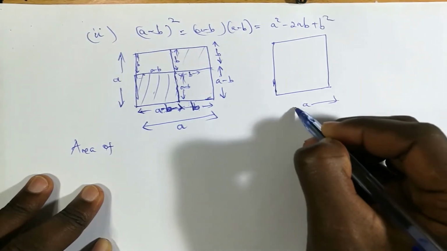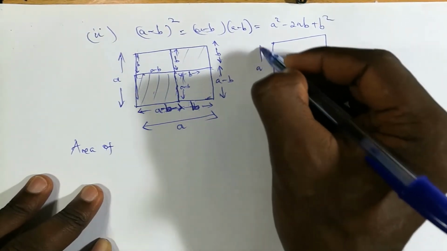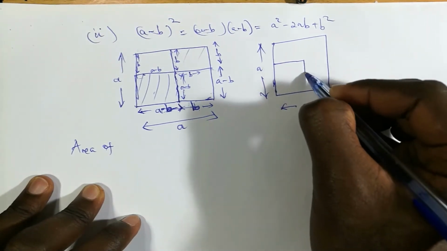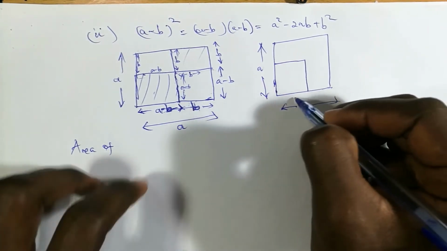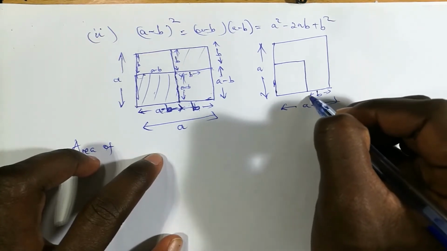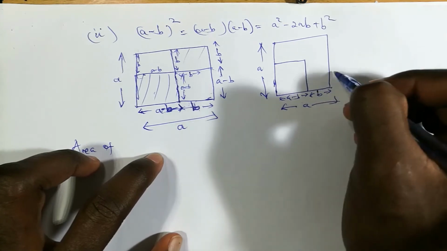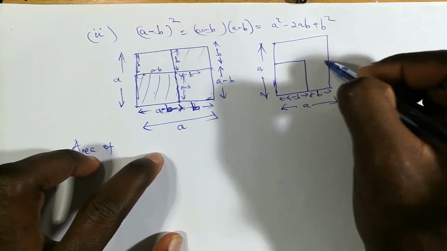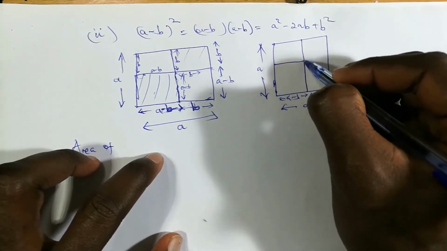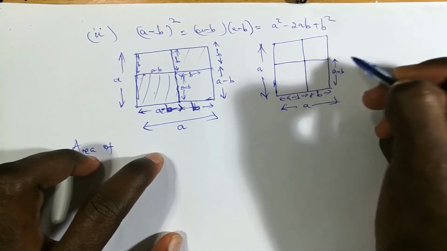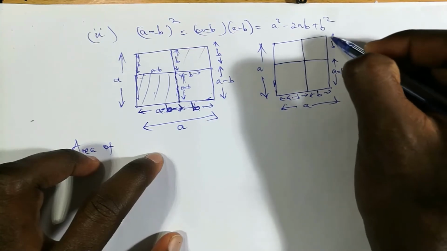Put here to be a, here also a. I need a dynamic square. Then I create another square here. Let's say this is b, this is b, a minus b here. Then here I create a minus b, this one here. Let me just join there, a minus b. That means here also b.